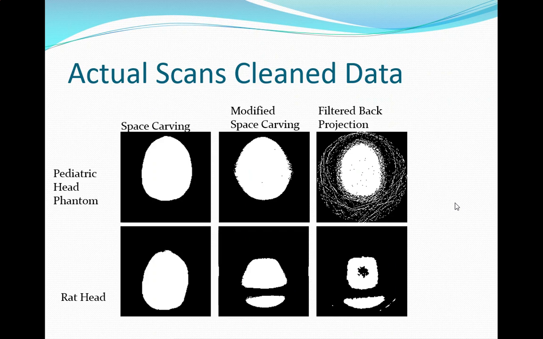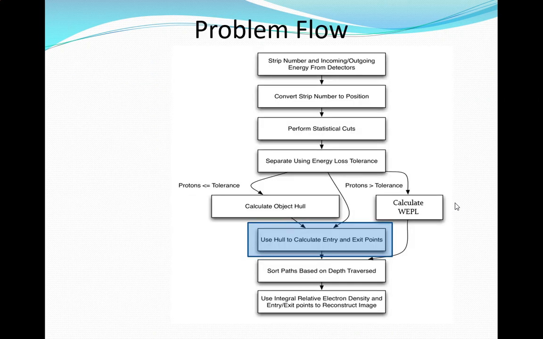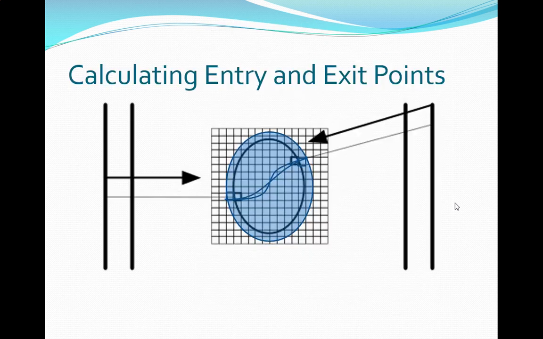These were actual scans that showed us stuff. We're going to now talk briefly about how we use that to calculate those entry and exit points, and then move on to the next steps. This is fairly straightforward if you think about it. Since the air includes the volume up to wherever the boundary is, we're going to take the 2 points it hits and project forward from the entry point, and take 2 points and project back from the end.